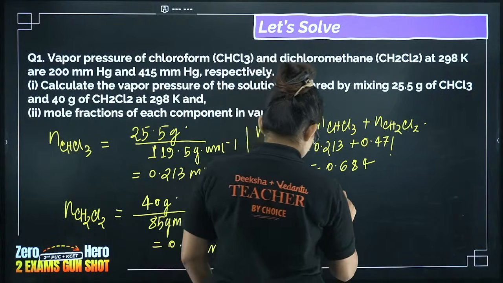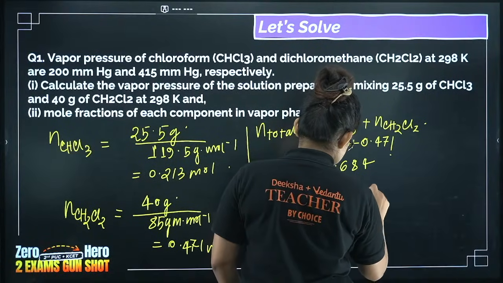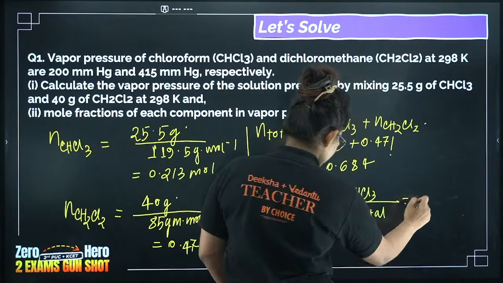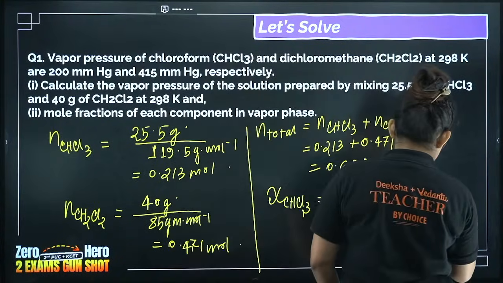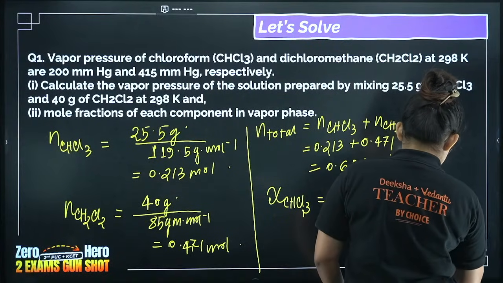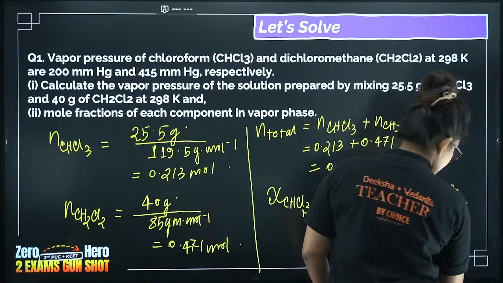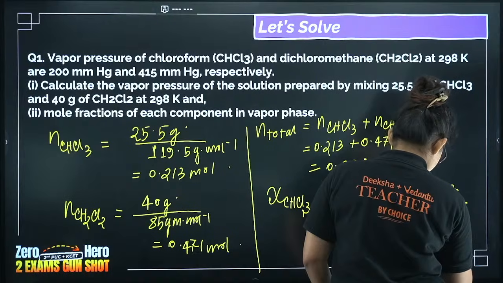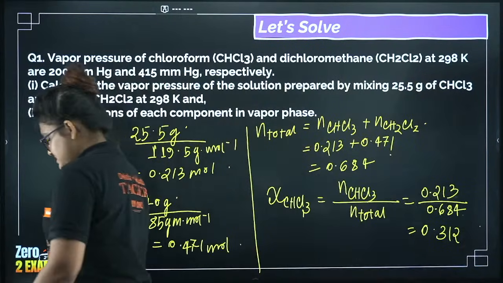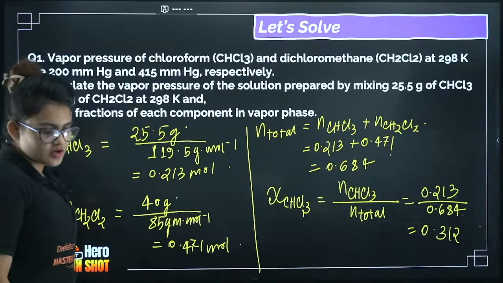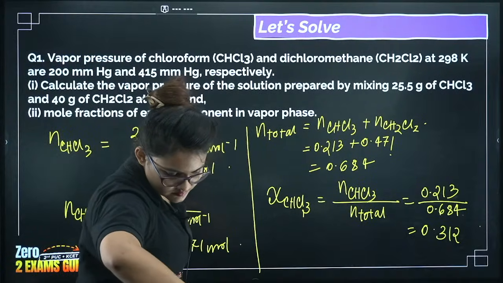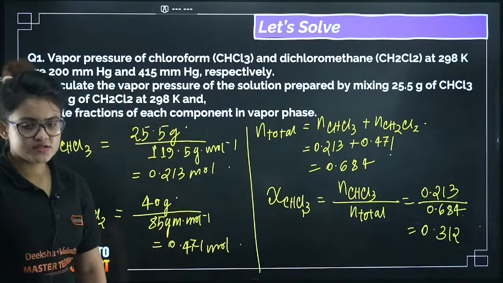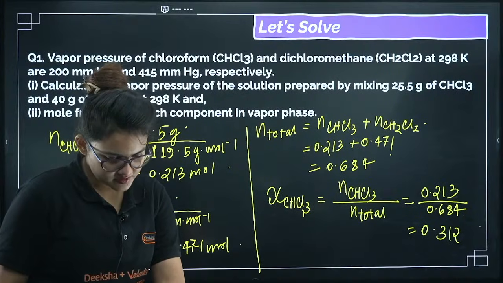Mole fraction of chloroform is going to be number of moles of chloroform CHCl3 divided by total. That's going to be 0.213 divided by 0.684. If you calculate this, it will come as 0.312. Up to this, at first you tell me if you understood this thing or not, then we will proceed.